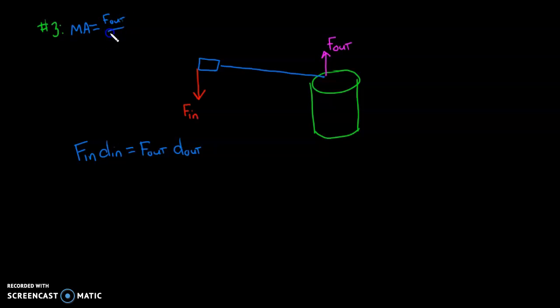F out over F in equals D in over D out. So if I just do some cross multiplication, I end up with this setup down here. Okay, so my force in, my force out, I know those. I know where they are. The other part I need to figure out are my distance in and my distance out.